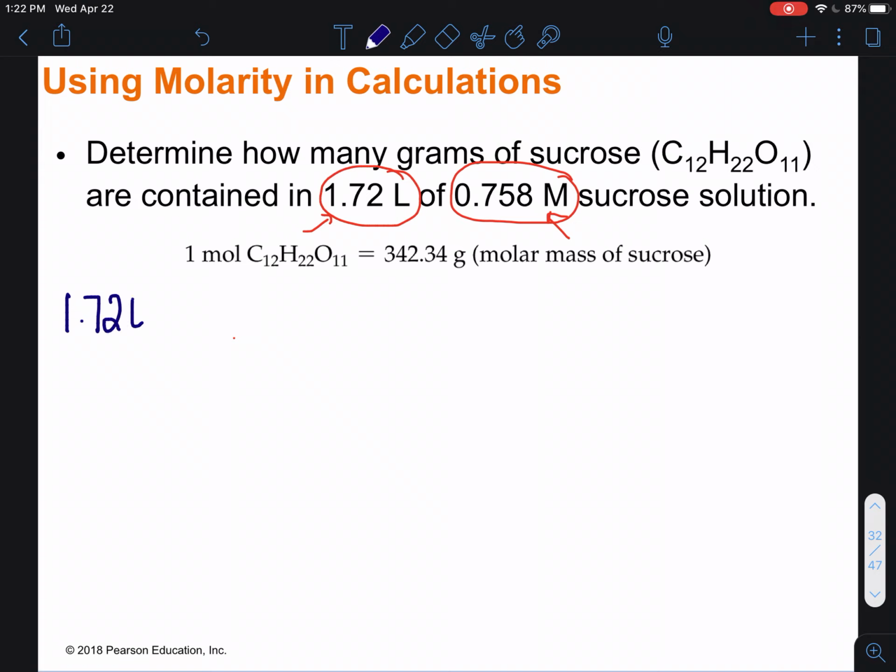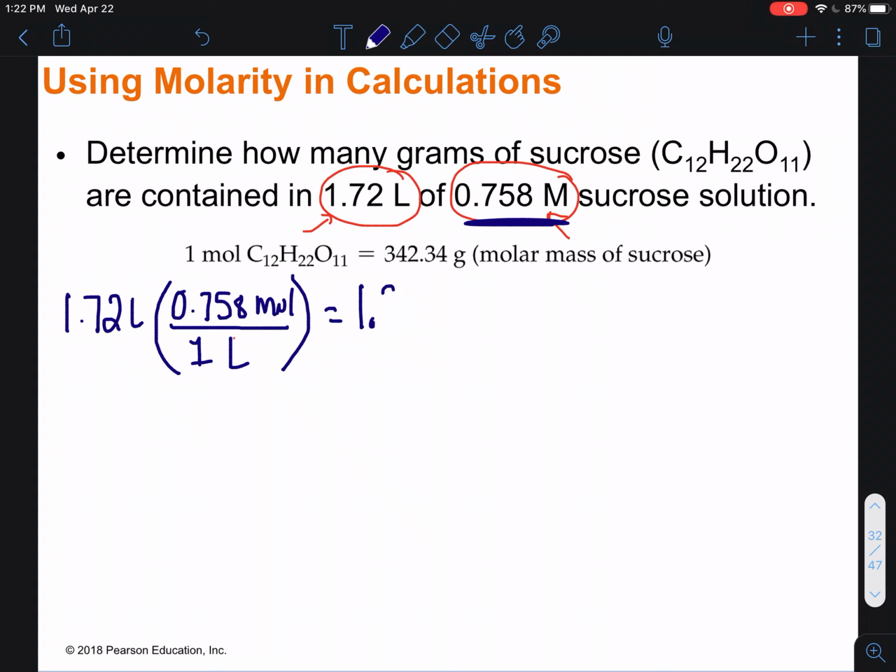1.72 liters, and we're going to use molarity as a conversion factor, where it says 0.758 moles per liter, one liter of solution. When I plug this in my calculator, I just want you to see it. We take 1.72 and multiply it by 0.758, and that gives us 1.3.